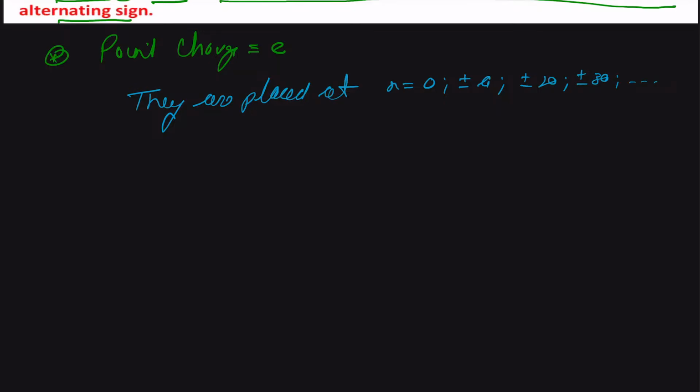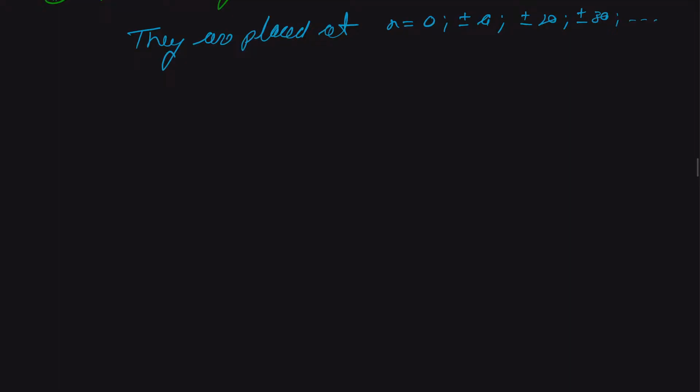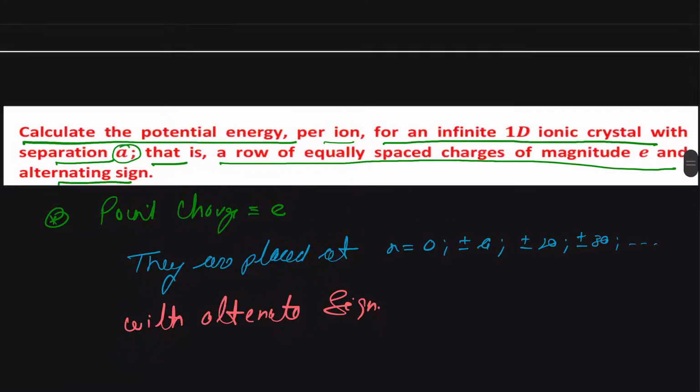And we have to remember, with alternate sign. We have to find out the potential energy per ion.